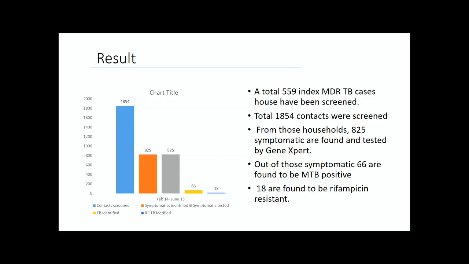From February 2014 to June 2015, in 19 districts, a total of 559 index MDR-TB cases were visited, that is, the index cases were investigated. A total of 1,854 contacts were screened. From those households, 825 symptomatics were found and tested by GeneXpert. Out of those symptomatics, 66 were found to be MTB positive and 18 were found to be rifampicin resistant.